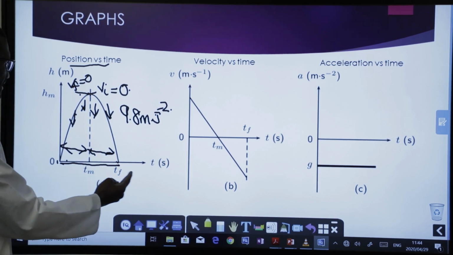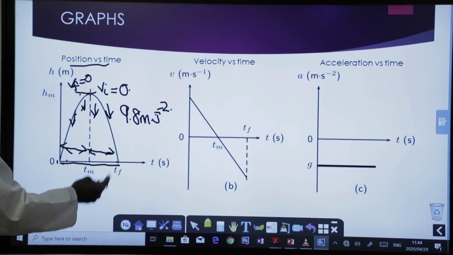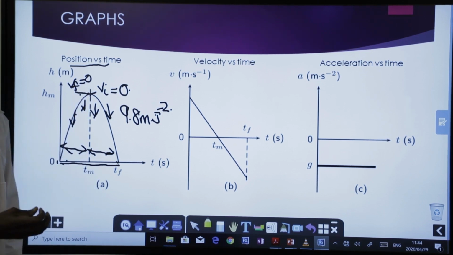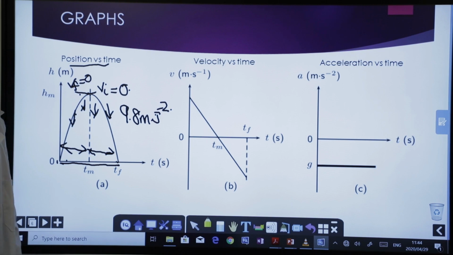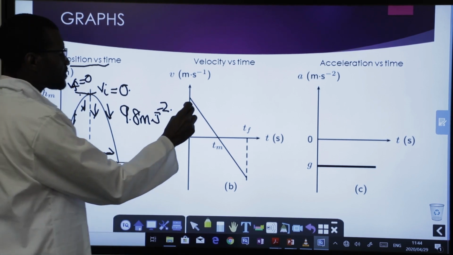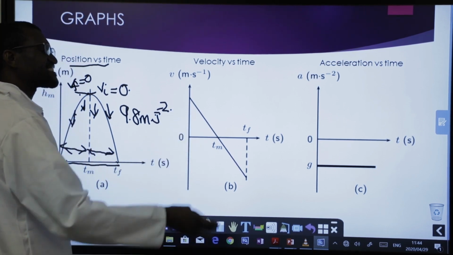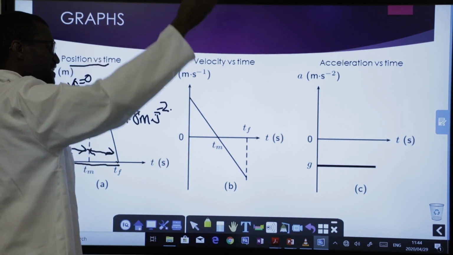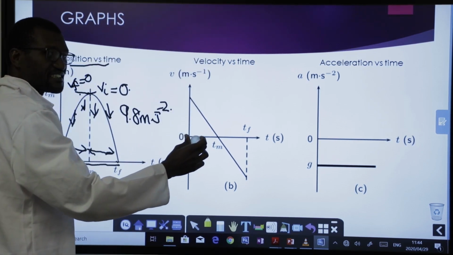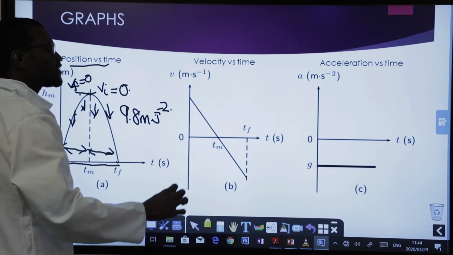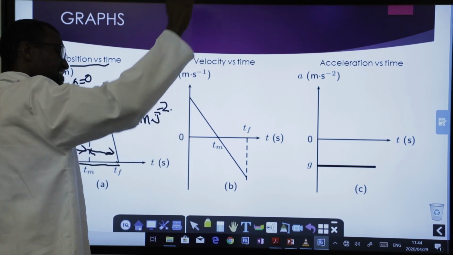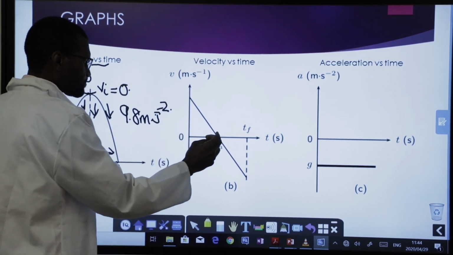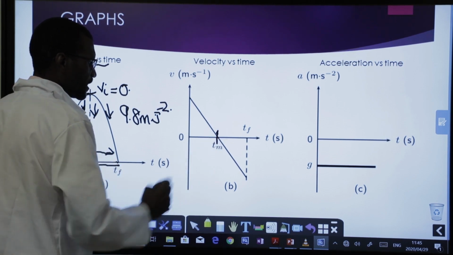If I have chosen in this instance, like what I have done, the upward motion as being positive, the velocity of the object is going to decrease as the object goes up until it becomes 0 at this point.